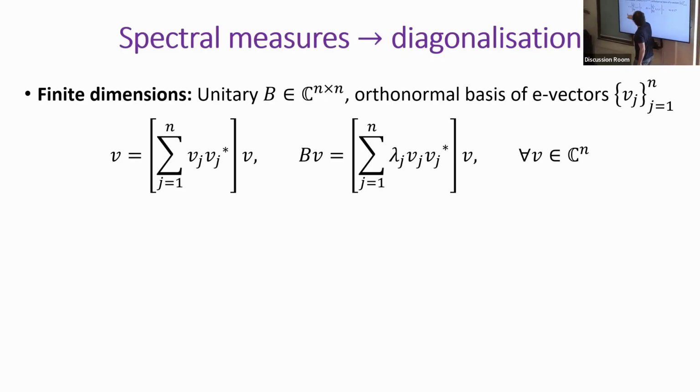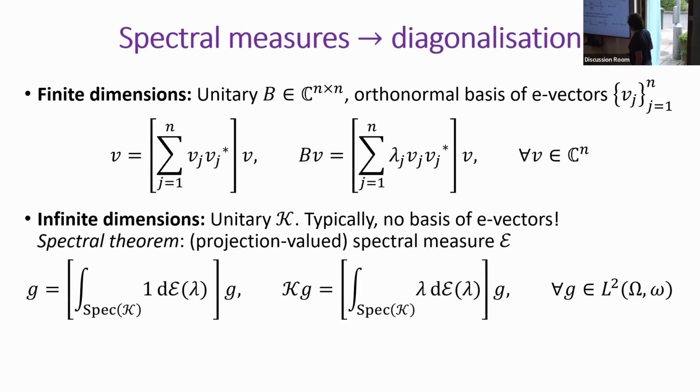So any v inside your Hilbert space, in this case C^n, can be represented like this. When you represent it like this, it's very easy to apply B, because you know how it acts on eigenvectors: you just get multiplication by lambda_j. So this is just a way of thinking about diagonalization.